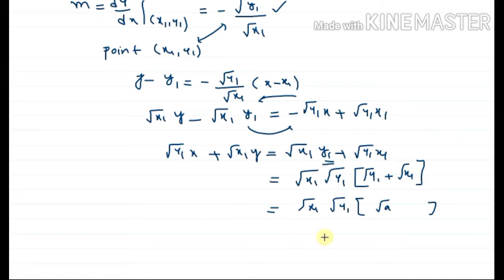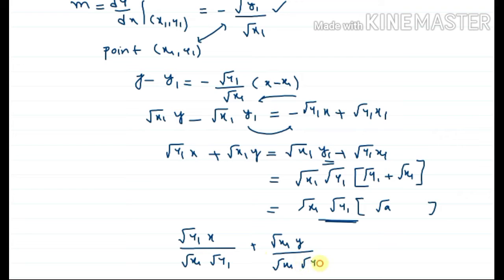Now divide both sides with this particular term, the right hand side term. So on division you will get root y1 x divided by root x1 root y1 plus root x1 y divided by root x1 root y1 is equal to root a. So here root y1 gets cancelled, root x1 cancels.